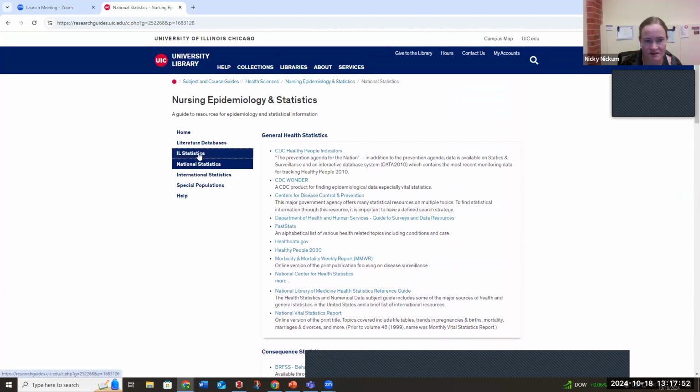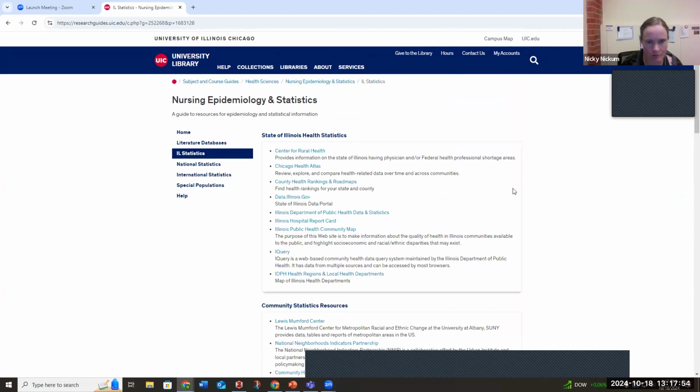So let's say we want state level. So here we have the Center for Rural Health, obviously for the more rural areas of the state. Chicago Health Atlas is specific to Chicago, not the municipalities. Okay, we have the hospital report card.